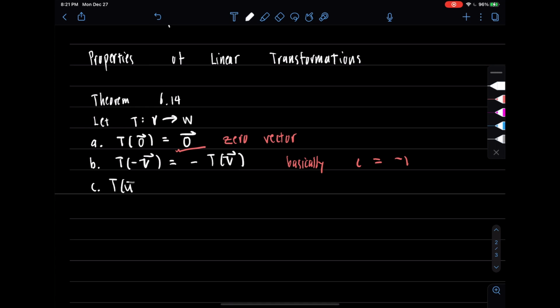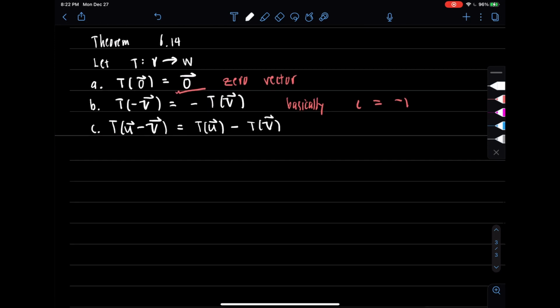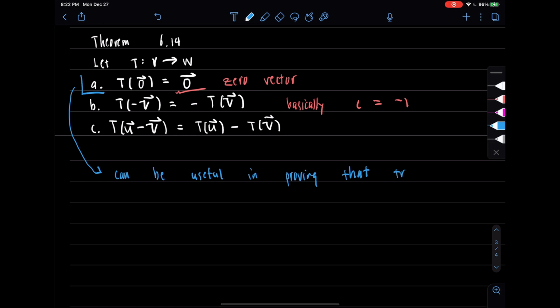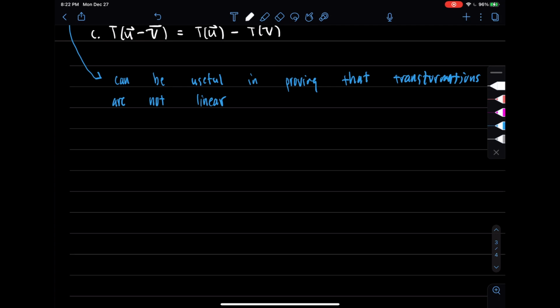And C, T of u minus v will equal T of u minus T of v, because we can just apply B on the addition. Property A will be very, very useful in proving that transformations are not linear. You will see this on the homework for week 4, so keep in mind that this is quite useful.